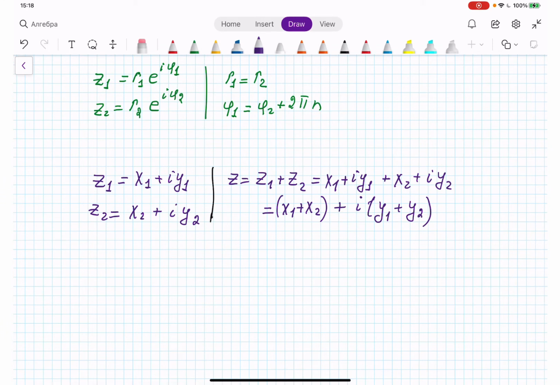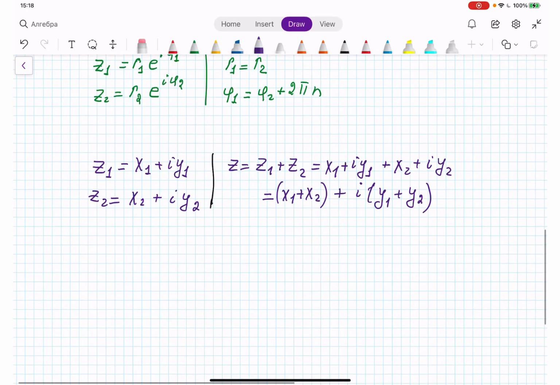Okay, so let's see how we are going to do an example. I'm taking z1 equal to -1 minus 3i, and z2 equal to 3 plus 2i.